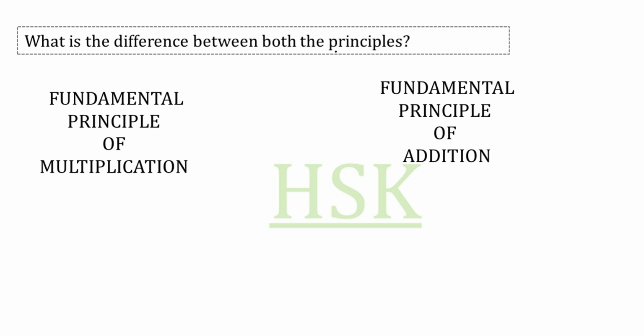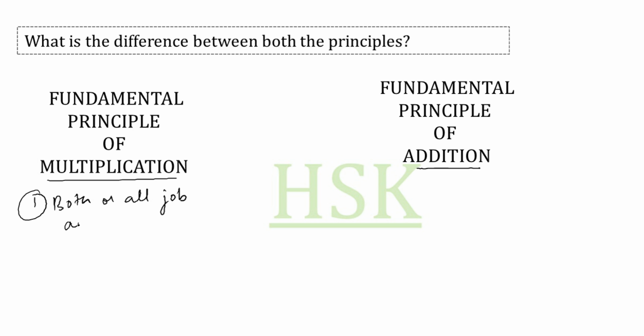What is the difference between both the principles? The difference between the fundamental principle of multiplication and addition is this: in multiplication, both or all jobs are to be completed.